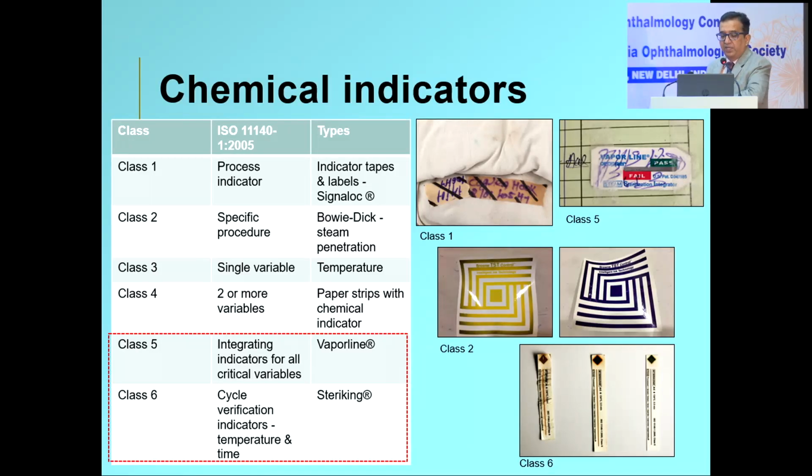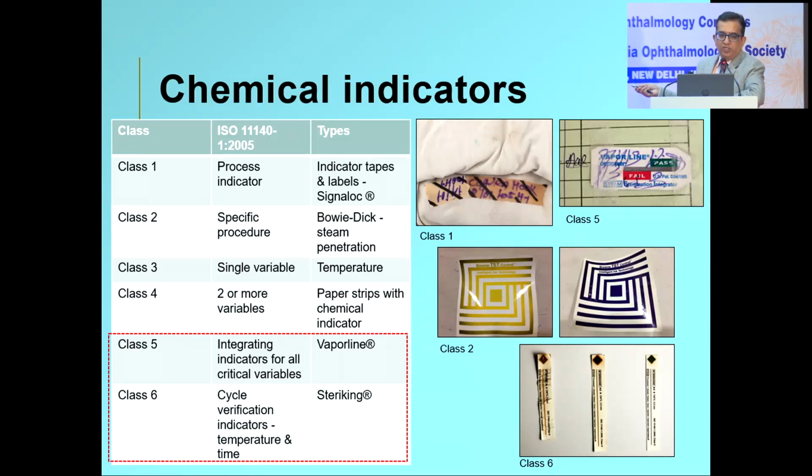Then Dr. Anupam had briefly alluded to the indicators. Now there are 6 classes of indicators, class 1, 2, 3, 4, 5, 6. It doesn't mean that 6 is better than 1. Each of these measures some specific process. Of these, you need to have three. Three is the minimum. First is the signal lock or indicator, which we all are familiar with. It just turns color and tells us that it has been exposed to steam.